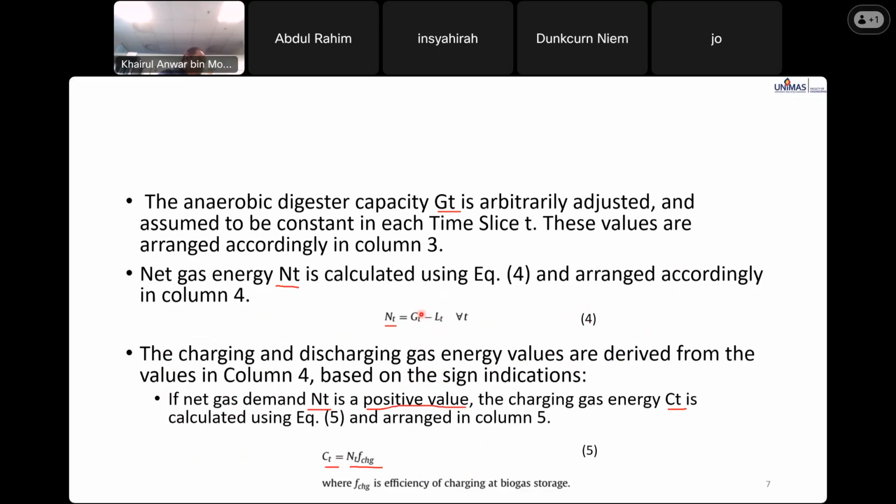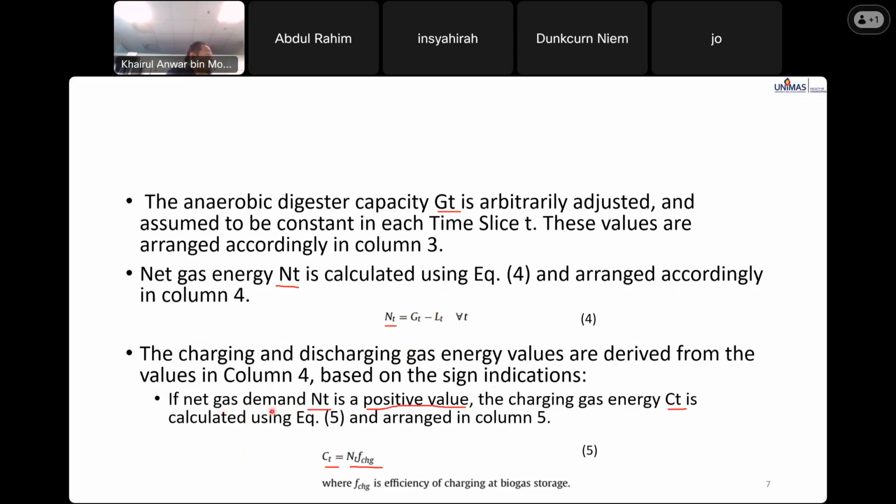When you start with 0, or in this case start with 5,400, you subtract the total gas demand.